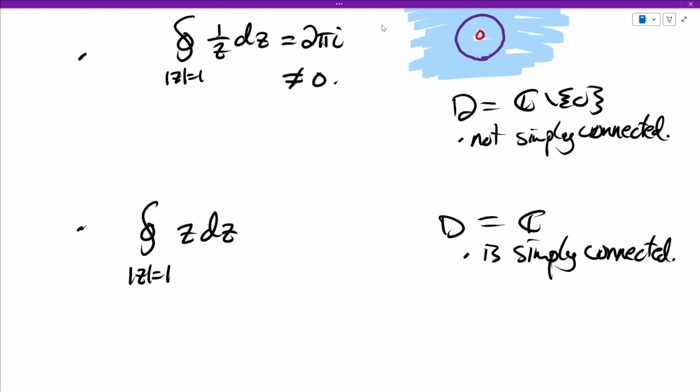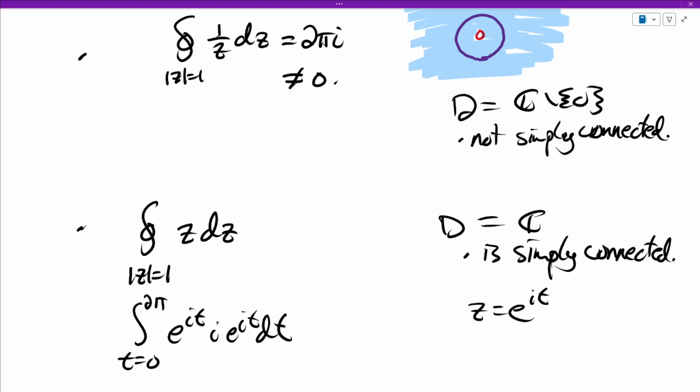And then what is going to be the value of the integral here? Well, we parameterize it. We can parameterize with the standard one, where we let z be e to the it. So this is going to be e to the it, and then dz is going to be i e to the it dt. And this is, of course, on the interval from 0 to 2 pi.